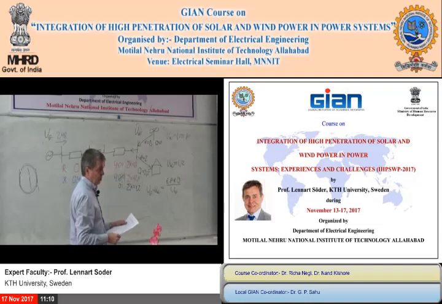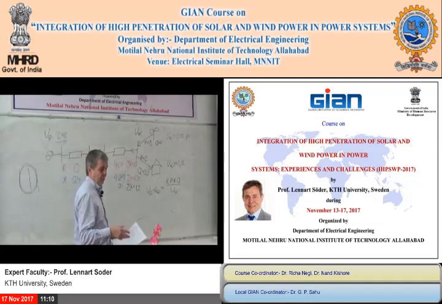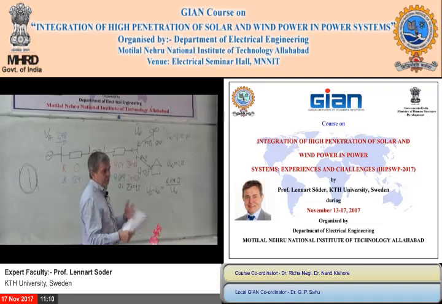You get a physical response initially. On the other hand, if you have a huge amount of solar and wind power, if you come up to, let's say, 70 or 80% of the power system, in a huge system you still have a huge amount of inertia.